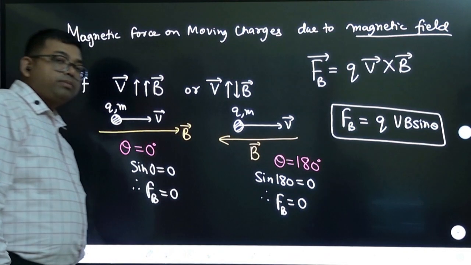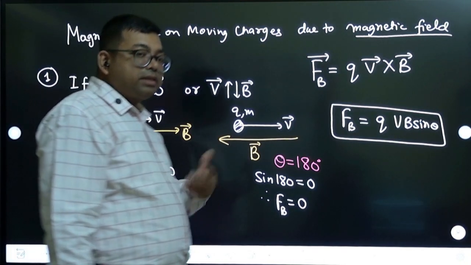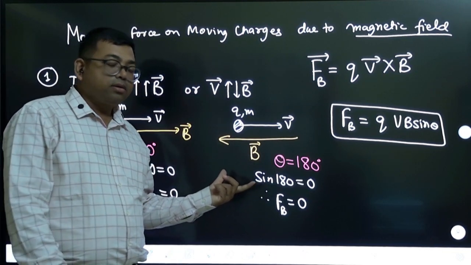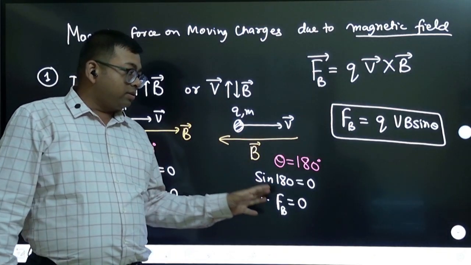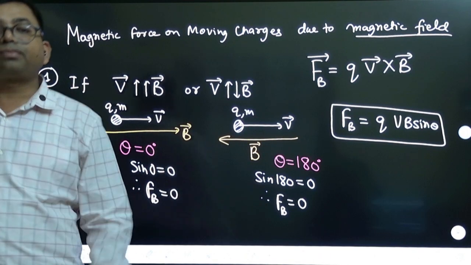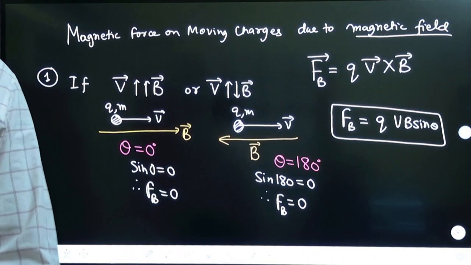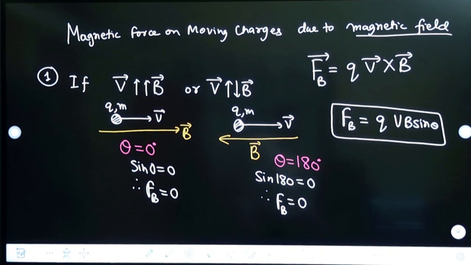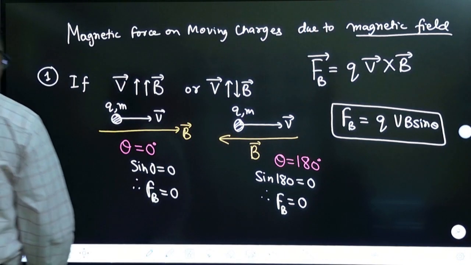That means if a charged particle is moving in such a way that the magnetic field and velocity are parallel or anti-parallel, then the magnetic force will be 0. Okay? That's the first point we have to note. Right, that's the first case.